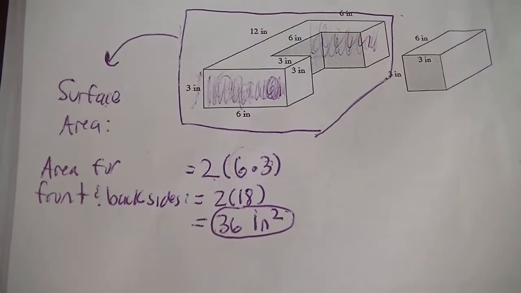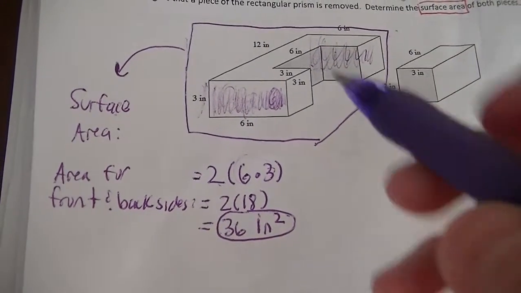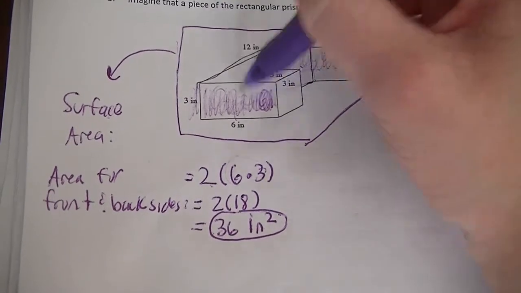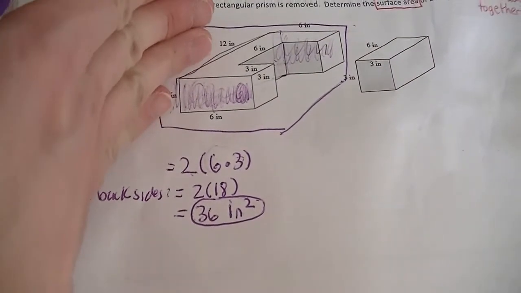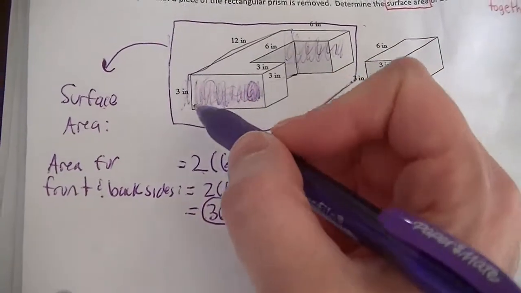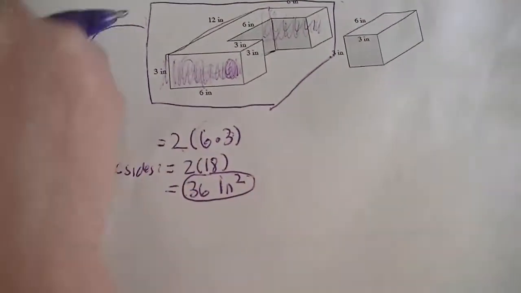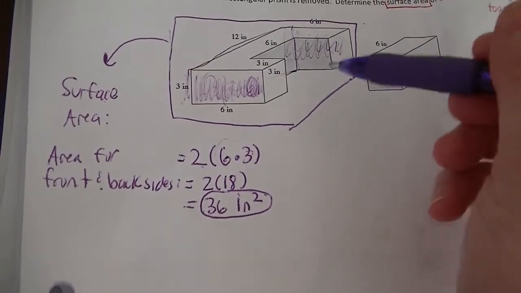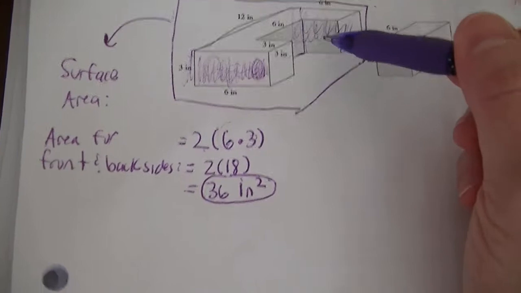Now I'm going to find the area of this back side right over there, okay? I'll label that area seen from the left, if you're looking at it right there, and also from the right. I'll go into more detail about this right-hand side in just a second.